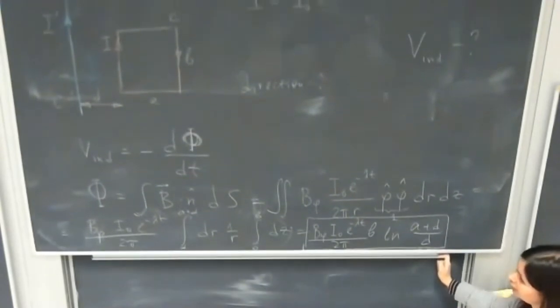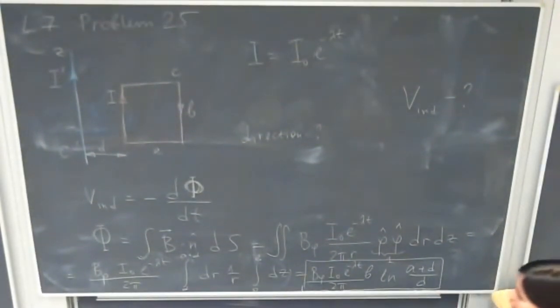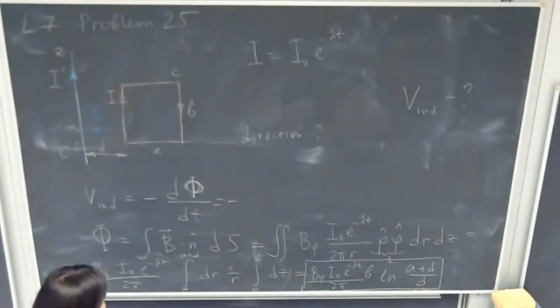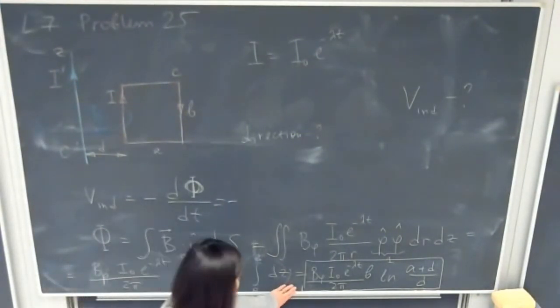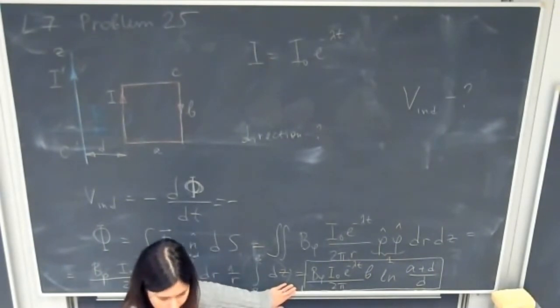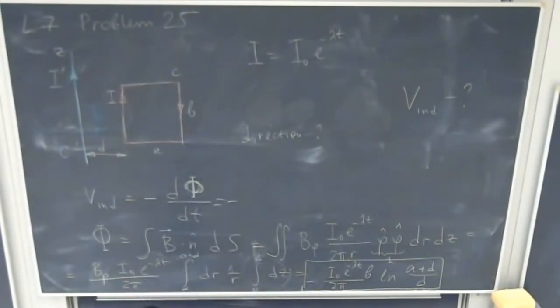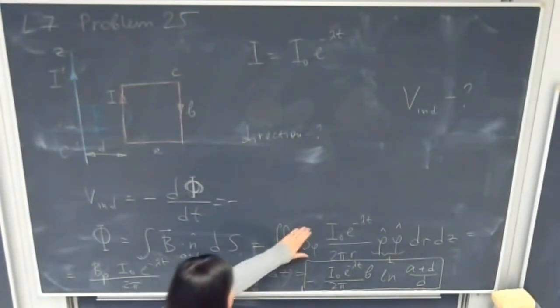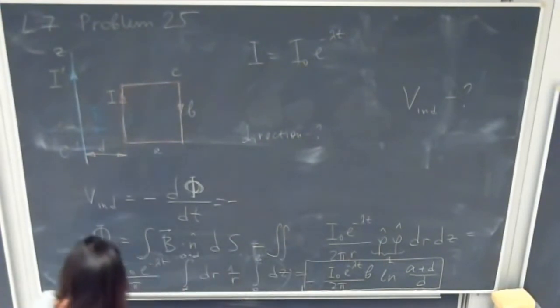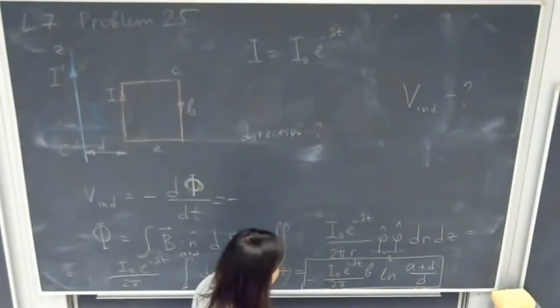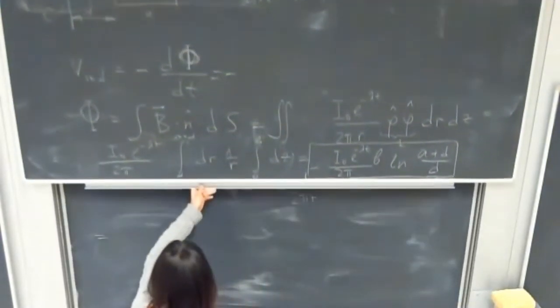And now the final, the EMF, electromotive force, negative sign, and then this is our flux. Oops. How do I have it there? This is a first mistake, horrible mistake, because this is the value of the magnetic field, which I substituted.